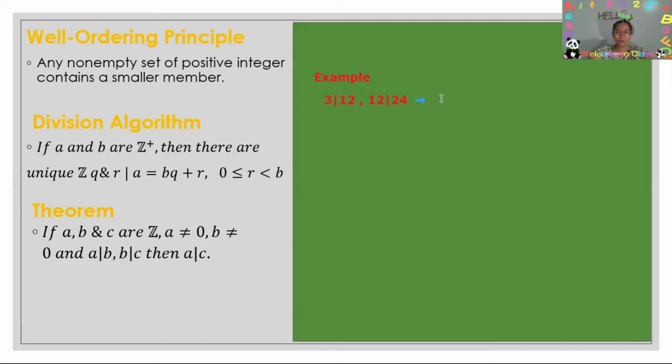Then 3 divides 24, following the theorem that we have.